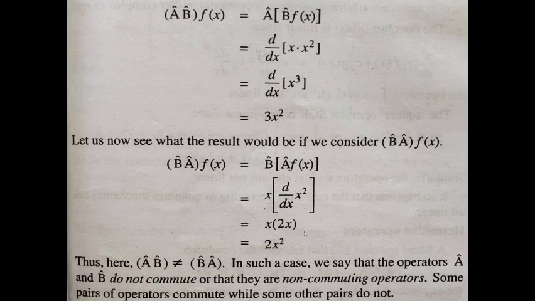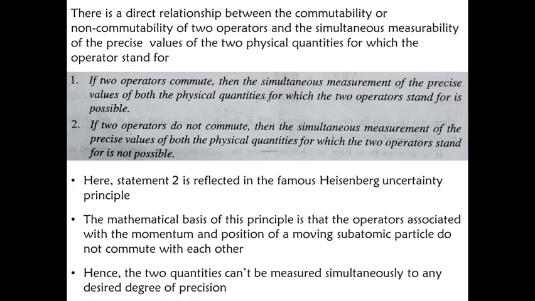So that is a major difference when we see the product of operators. So here there is a direct relationship between the commutability or non-commutability of two operators and the simultaneous measurability of precise values of the two physical quantities for which the operators stand.